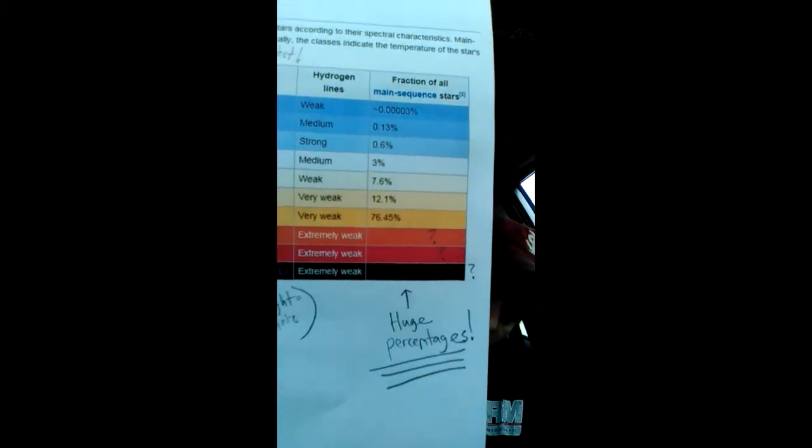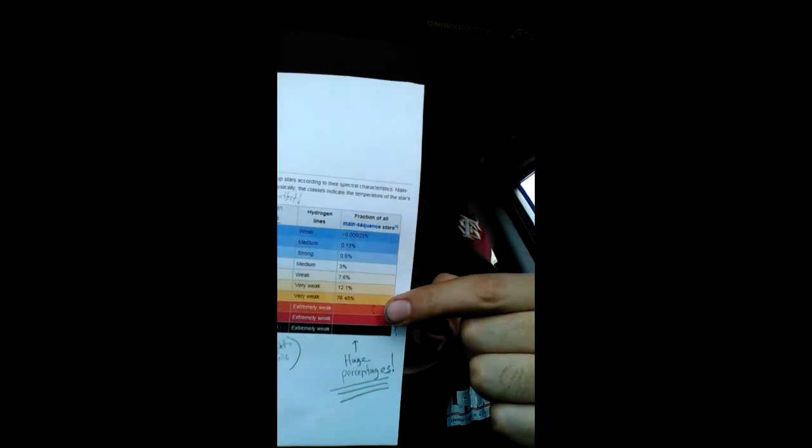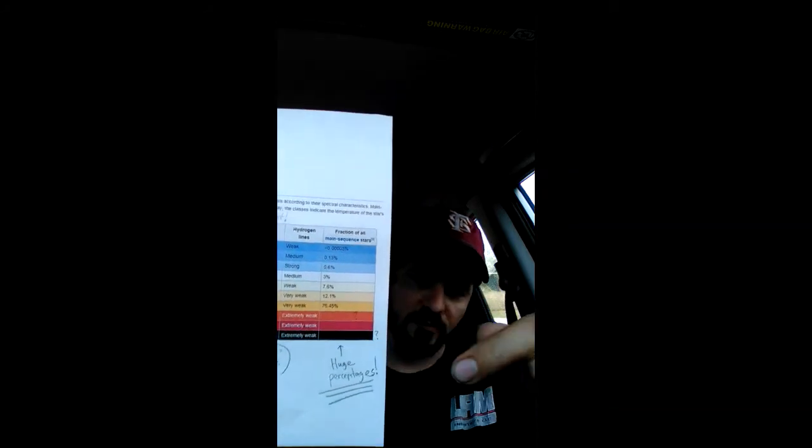I'm reading it backwards here. That means there's huge percentages of these very evolved stars in the bottom. They wanted to make it complete with 100% right here, and then ignore all the other evolved stars. Well, they have a lot of work to do.